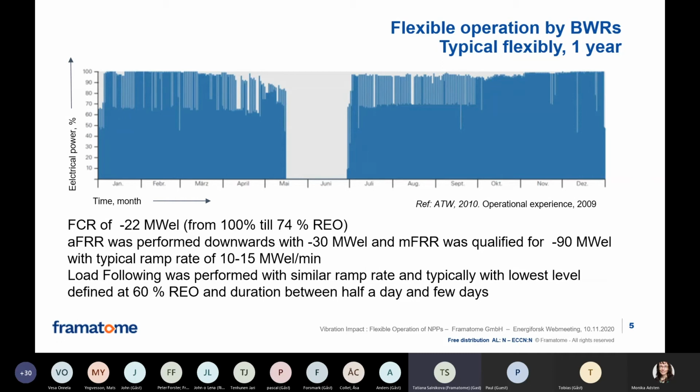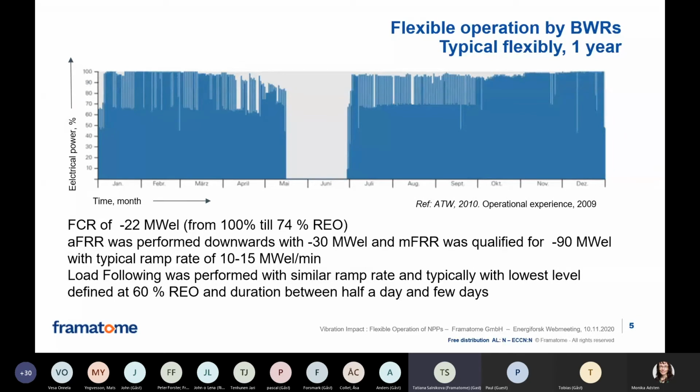The ramp rates were between 10 and 15 megawatt electric per minute, and the load follow was performed with a similar ramp rate. And all the services, as you see on this one year picture, are going from 100 to about 60% of rated electrical output.